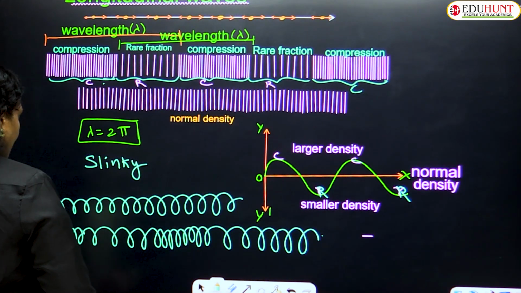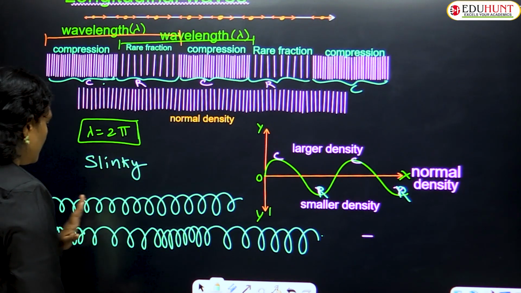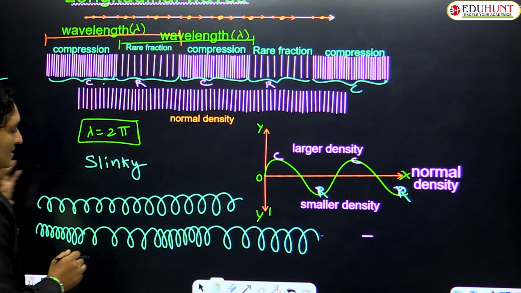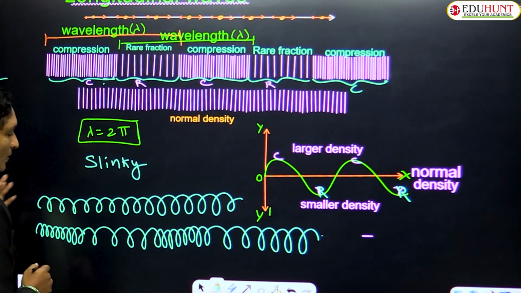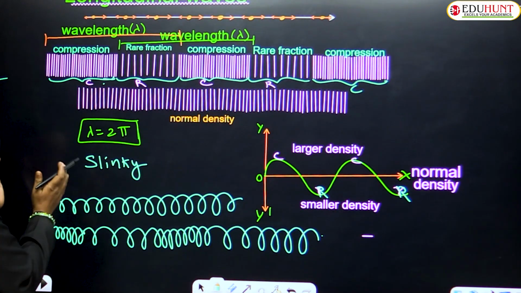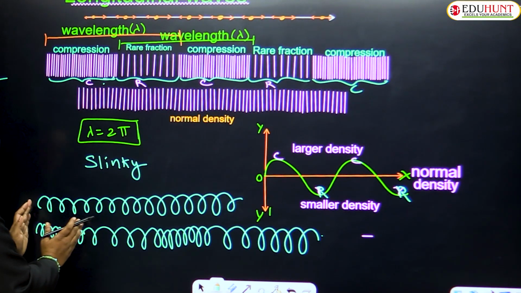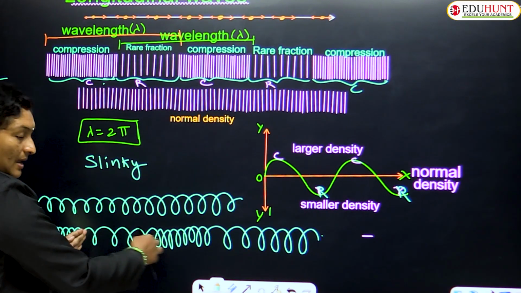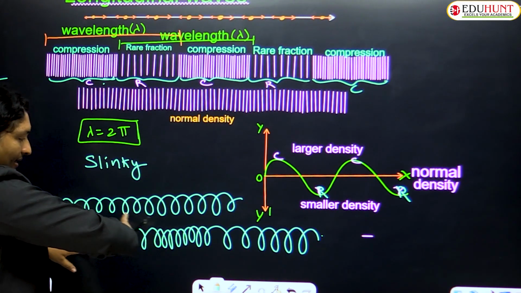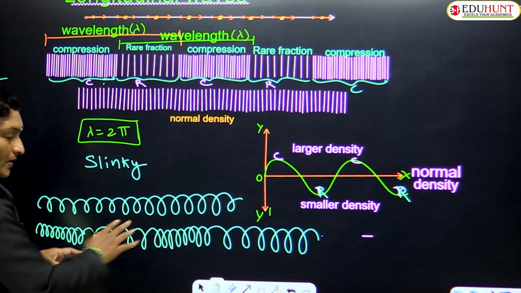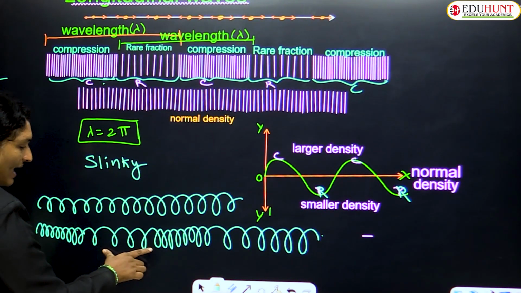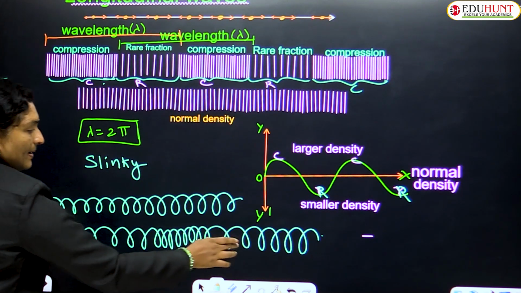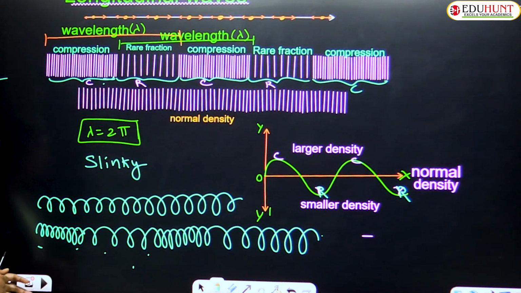If the free end of the spring is moved to and fro continuously, then at some regions a more helical structure is observed, and in other regions the spring is simply released. That means a large gap and a small gap are formed alternately.